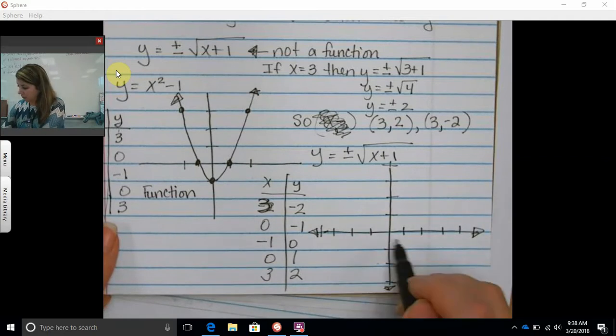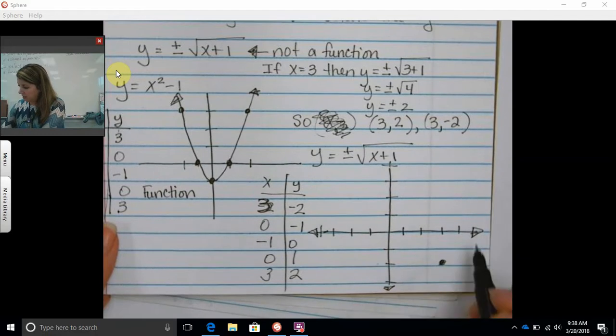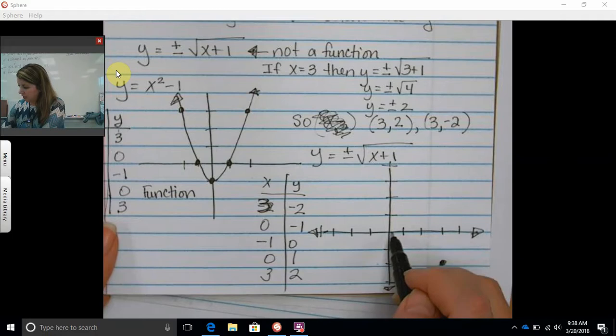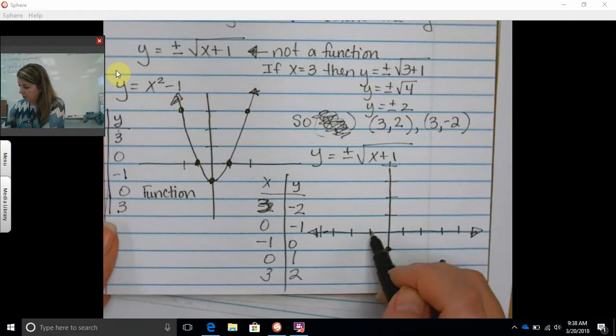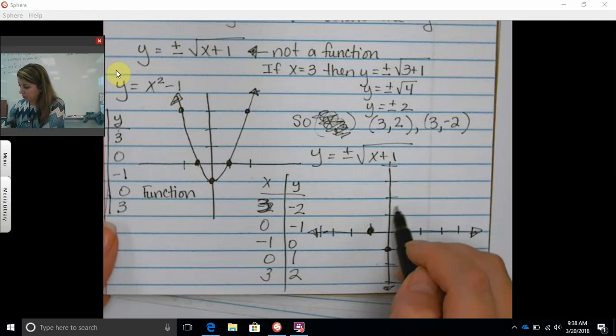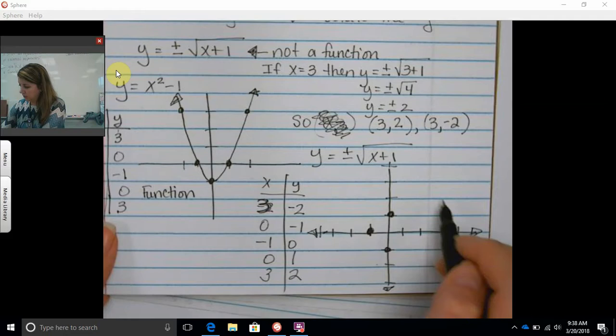So when x is positive 3, y is negative 2. When x is 0, y is negative 1. When x is negative 1, y is 0. When x is 0, y is 1. When x is 3, y is 2.